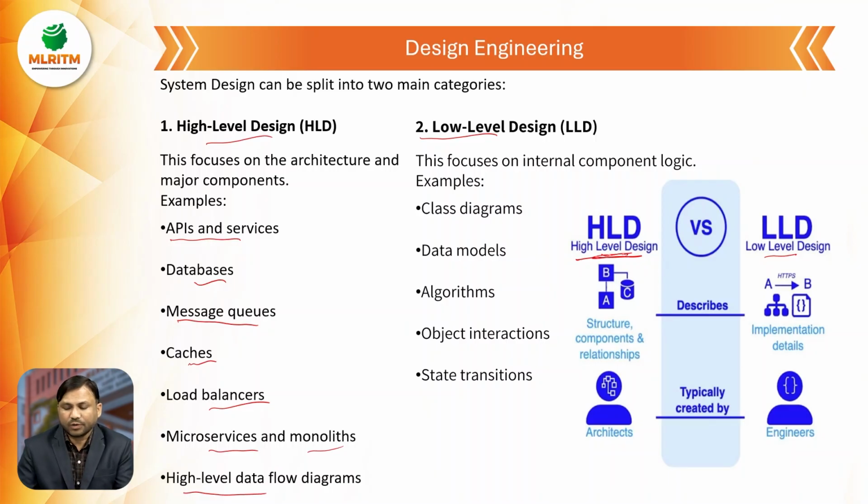Whereas the low level design's main focus is on internal components, so what logic we are going to implement. Some examples for low level design are class diagrams, data models, algorithms, object interaction, and state transitions. These are the two categories where we can implement system design, either high level design or low level design.